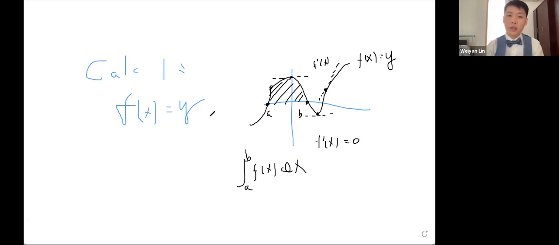Okay, and how do we compute that? We use the antiderivative. What is that? That is a function such that the derivative of the function gives you the original function f(x).